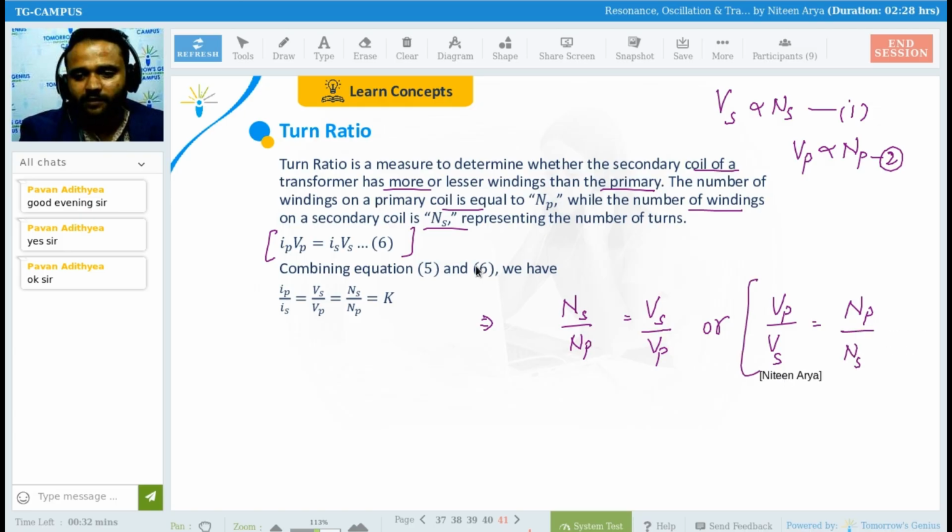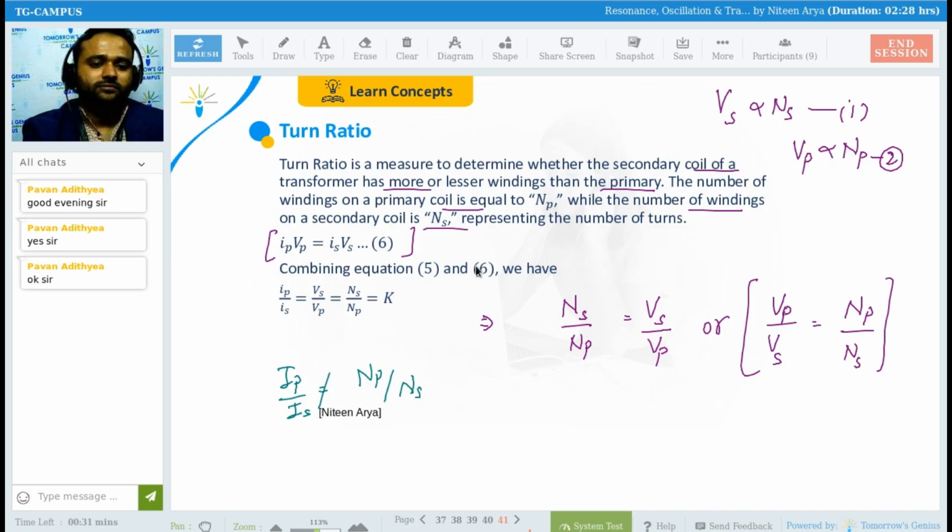Most of the time, what happens is that instead of voltage, they give current. And what you guys do is the wrong thing: Ip upon Is equals Np upon Ns. Wrong. Why?